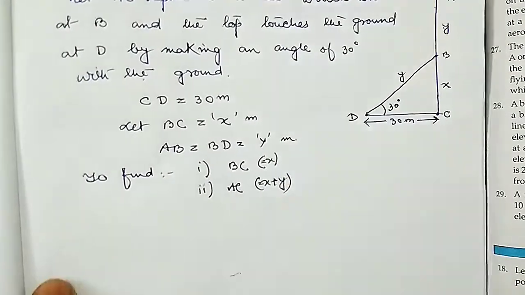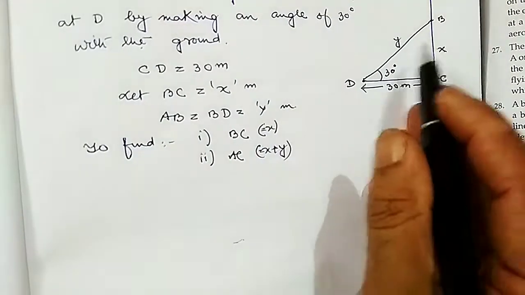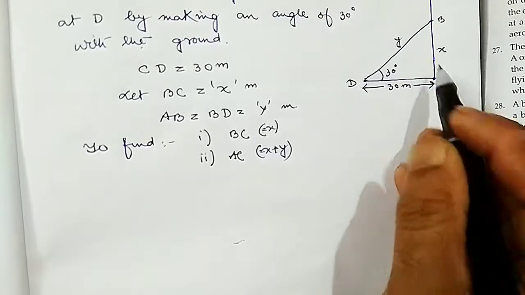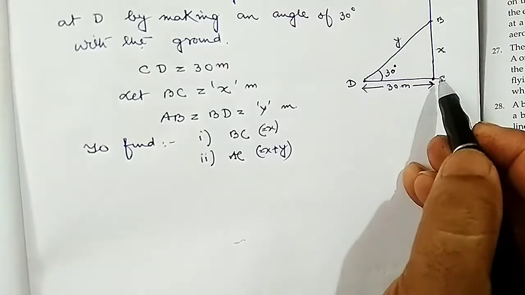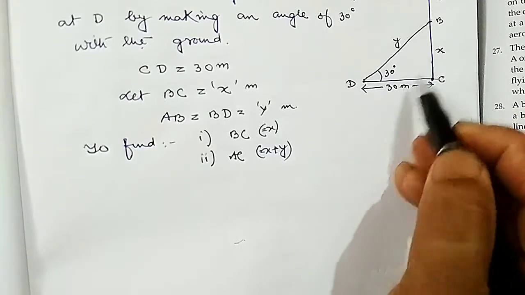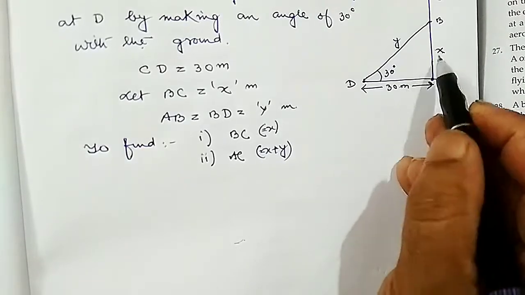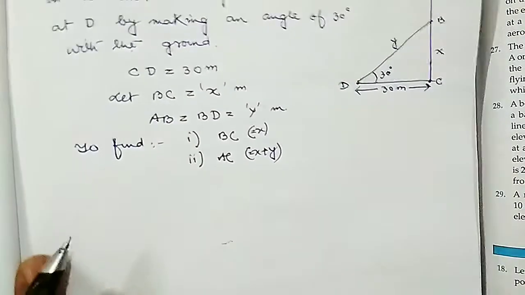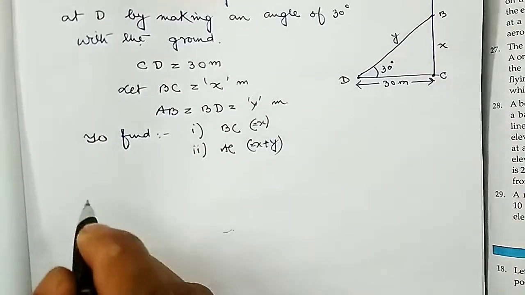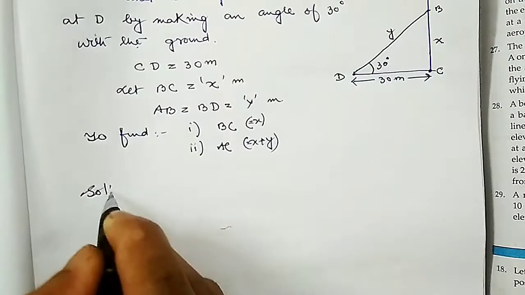Now in this triangle, base is known but perpendicular is not known, and we know the relation between perpendicular and base is tan theta. So by using tan theta we can calculate this x. So let me first use tan theta to calculate x. You can write the solution part.